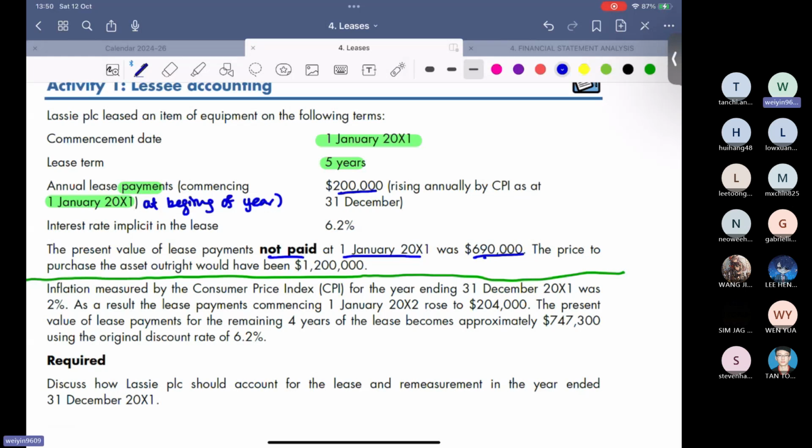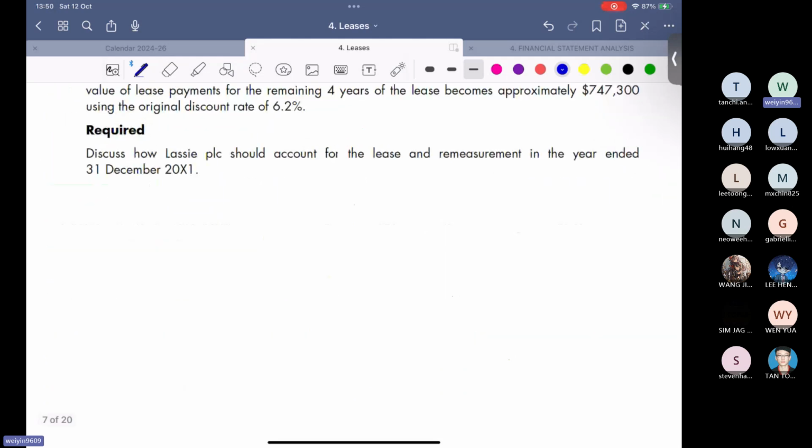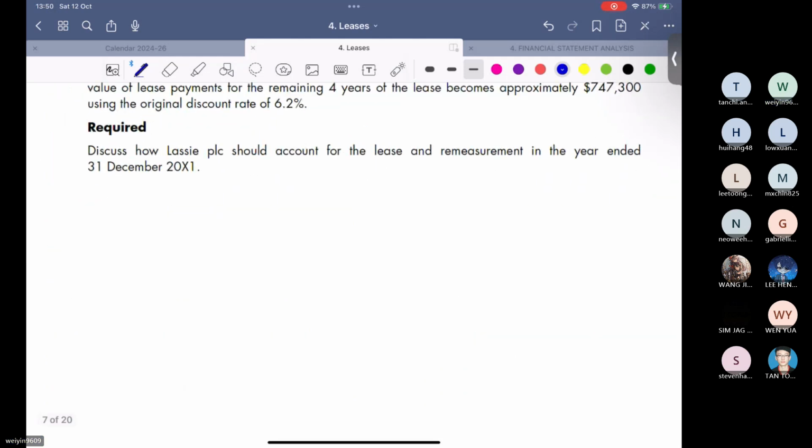Then inflation, we will see later on. Since you're going to use S1 to S4, we just start with this one. S1, lease liability. No need to calculate because the question already gives you 690,000.